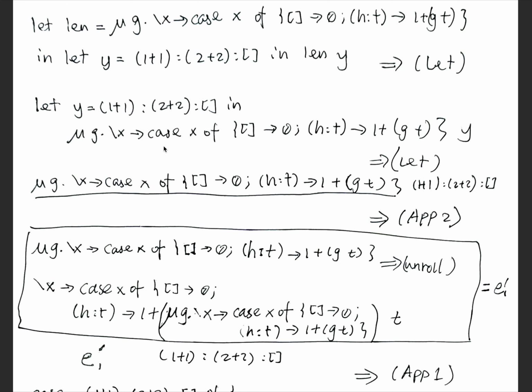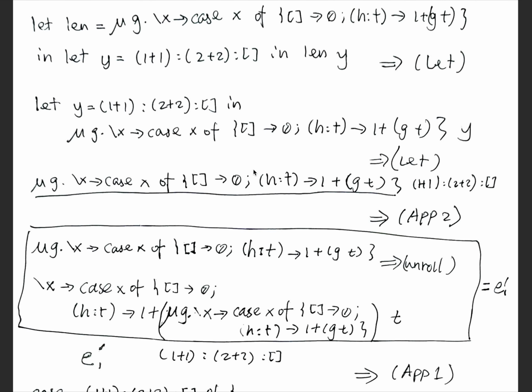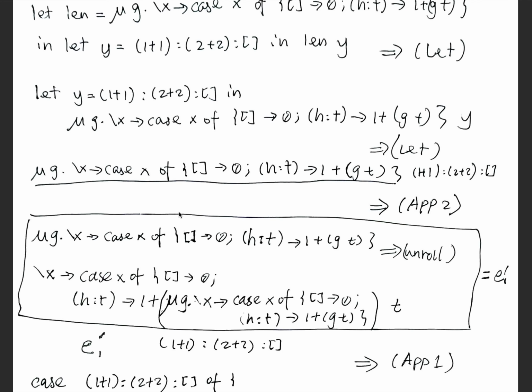And again, this expression is a let binding, so we apply the let rule, and we reduce it by substituting the y by its right hand side, and we obtain the following expression. Notice that this expression overall is a function application, however the first sub-expression, the E1, underlined, is not yet in a lambda abstraction form, so we have to apply app2 to reduce it one step further.